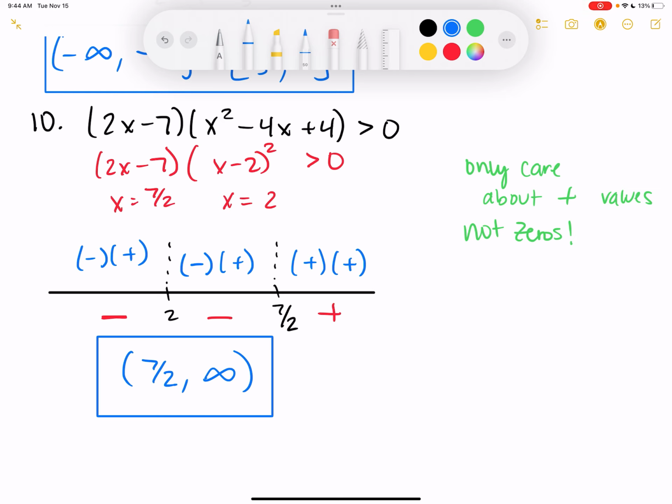Have we gotten a solution yet? Okay, that's fine.